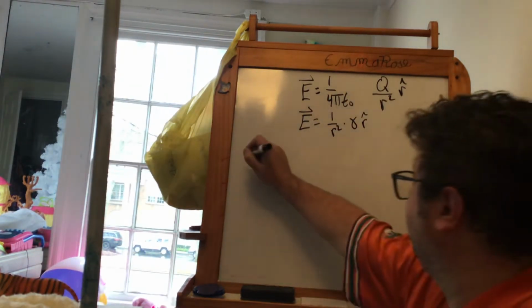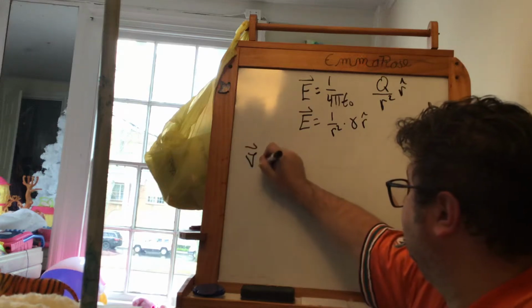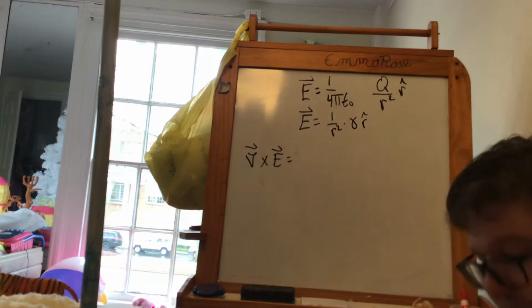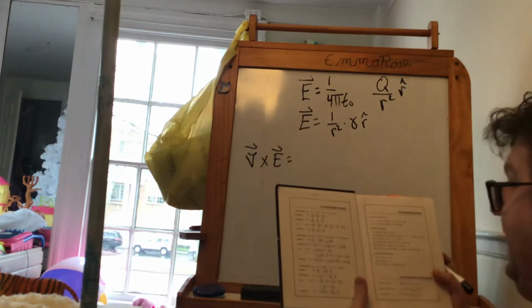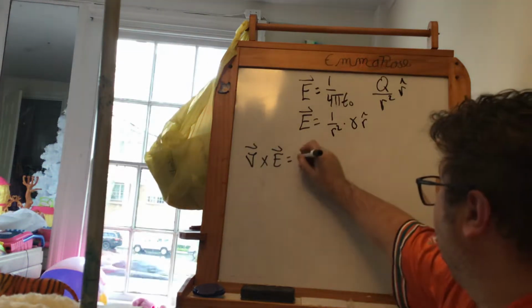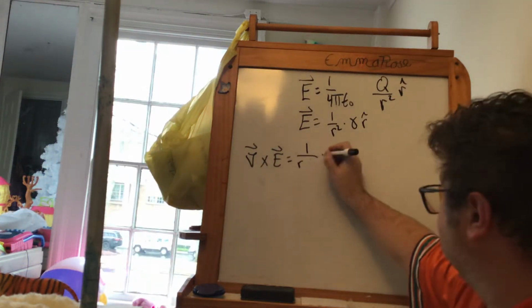All right, so now if we take the curl of a vector in spherical coordinates, we have the following equation. It's my handy-dandy textbook. And I look it up in spherical coordinates, and it is actually pretty scary.